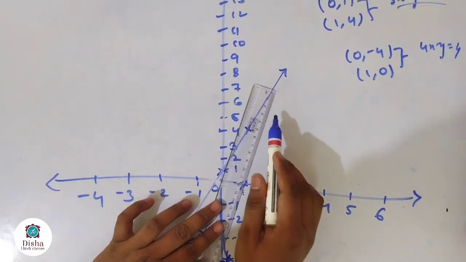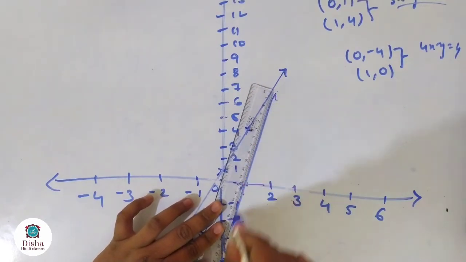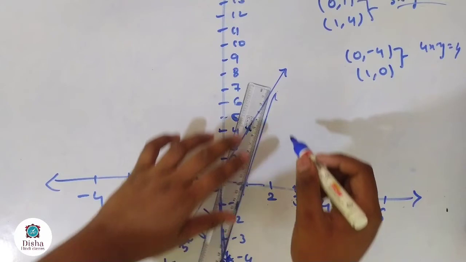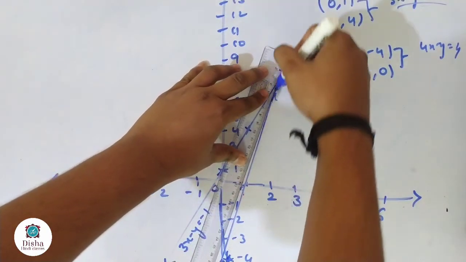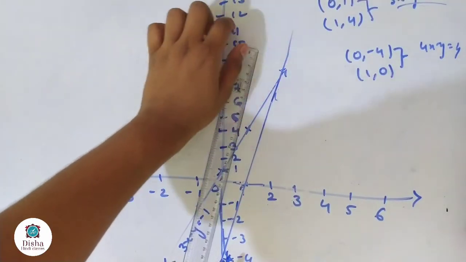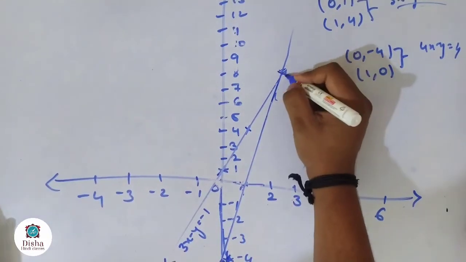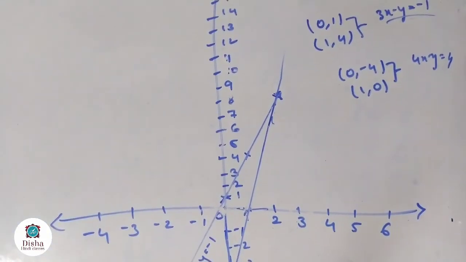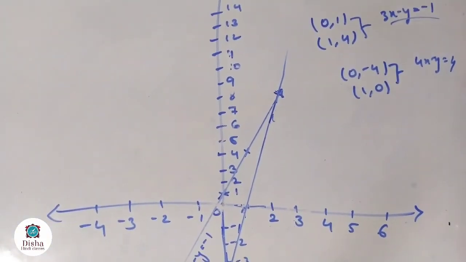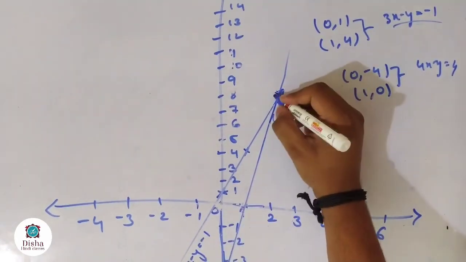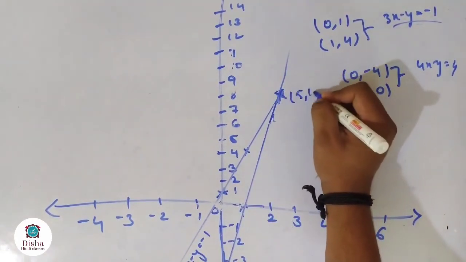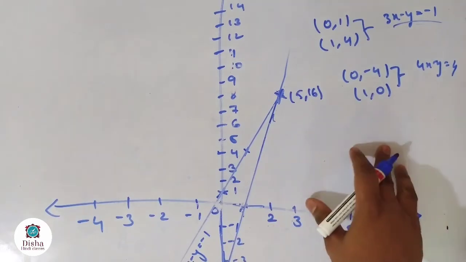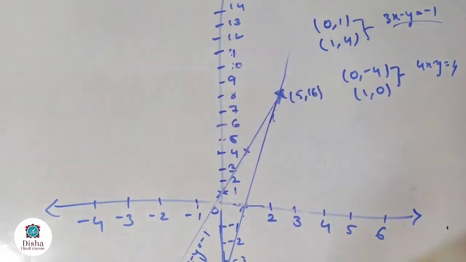Now if it goes there, it is going up, so these two will intersect at a point, not at 2, 9 or 2, 8, but they'll intersect at 5, 16. See, this is not the actual graph, this is the rough one.